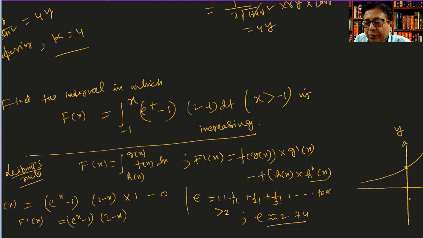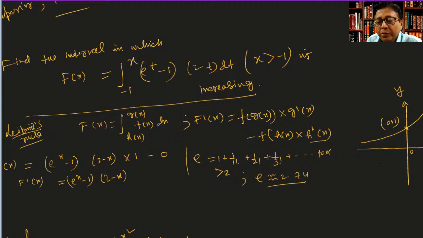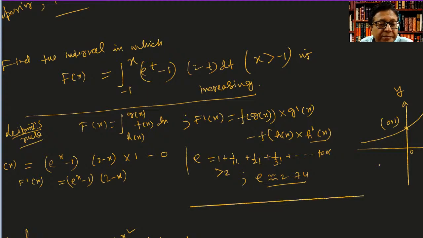It is less than 1. e to the power x minus 1 is less than 1 before 0, because this is the graph of y equal to e to the power x, this point is 0, 1. Okay. So if you draw the sign scheme of this part, e to the power x minus 1 before 0 is negative.